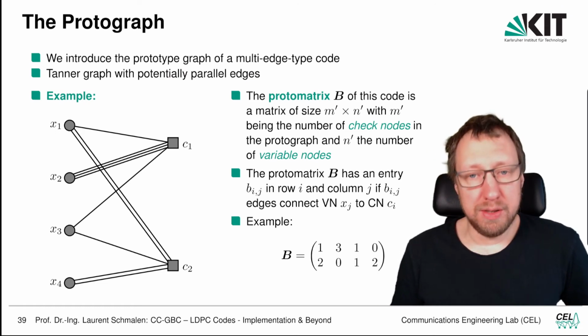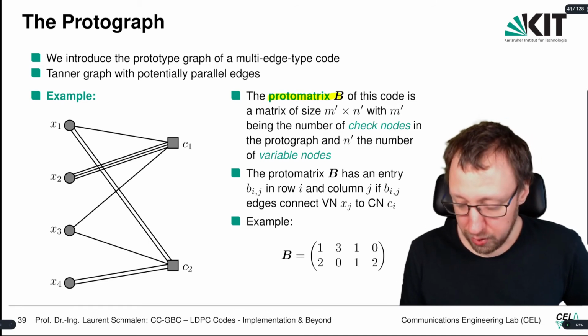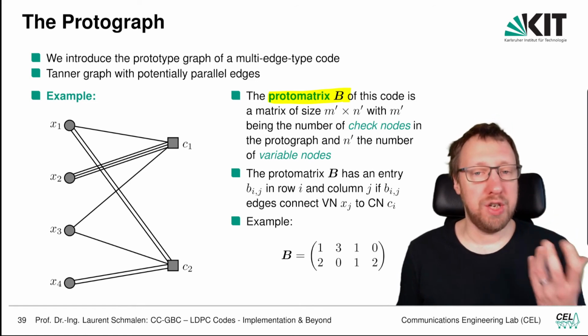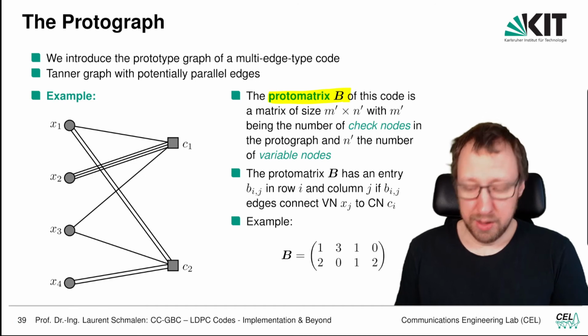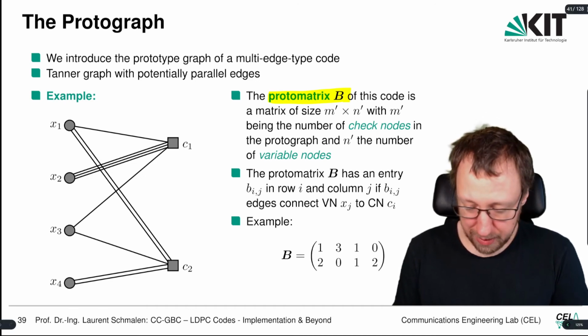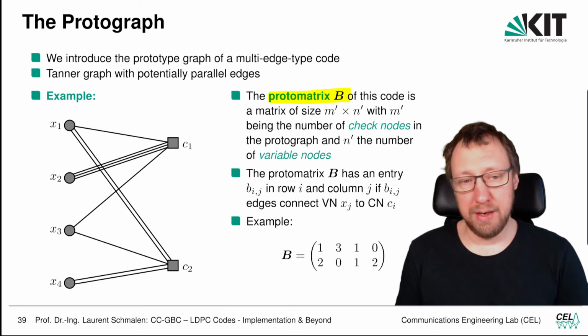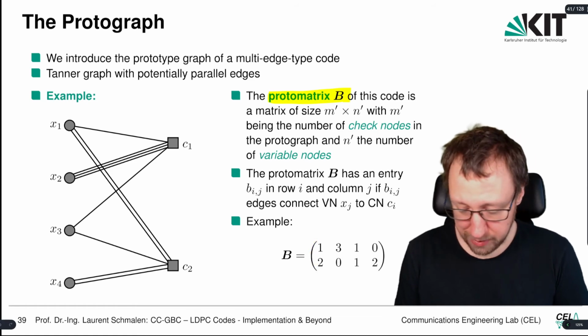That's something we're going to see soon. First, we can also describe the code using a proto matrix or prototype matrix. This is essentially the adjacency matrix of the protograph. It's the same way as generating a parity-check matrix for an LDPC code. So it's a matrix of size number of check nodes times number of variable nodes.